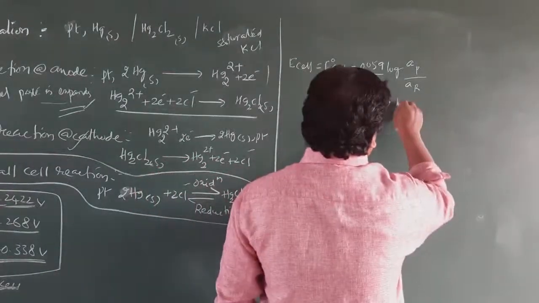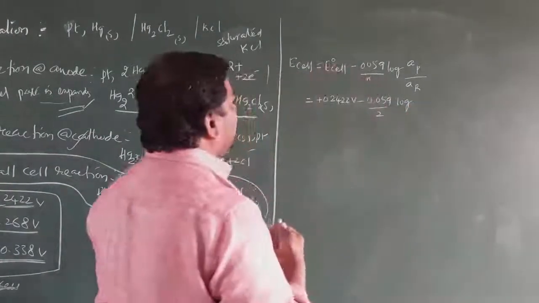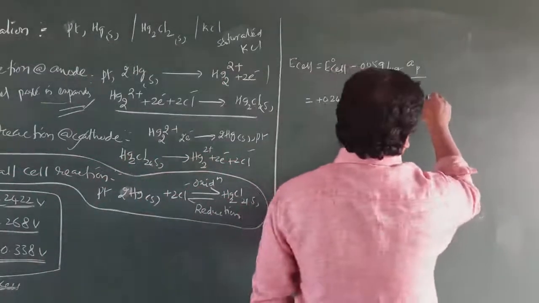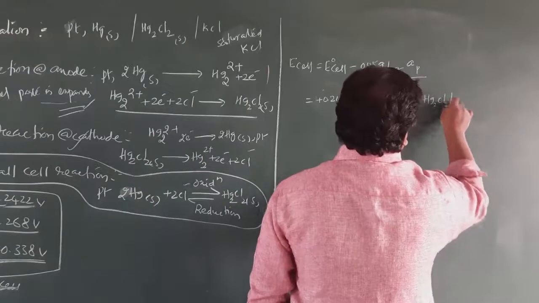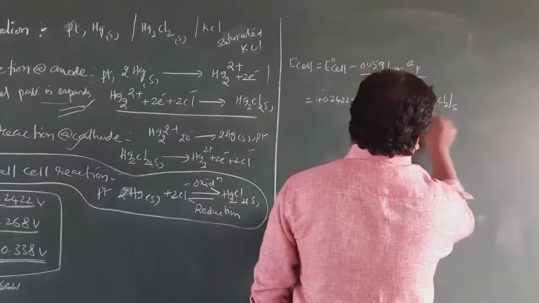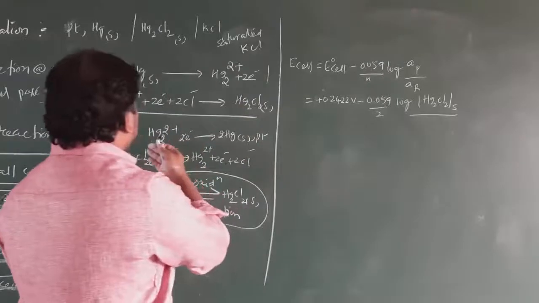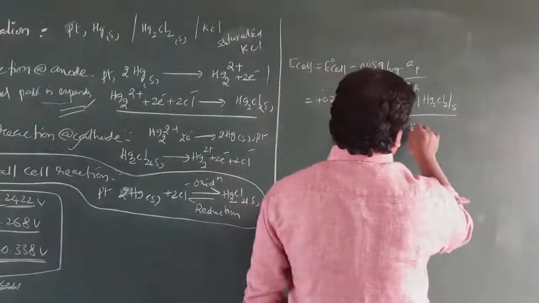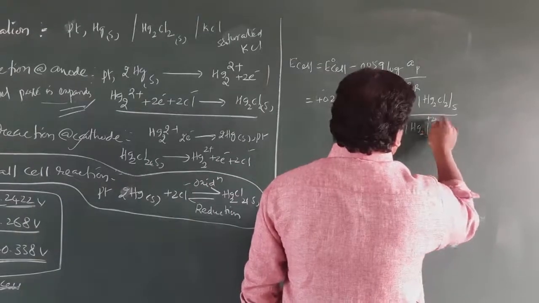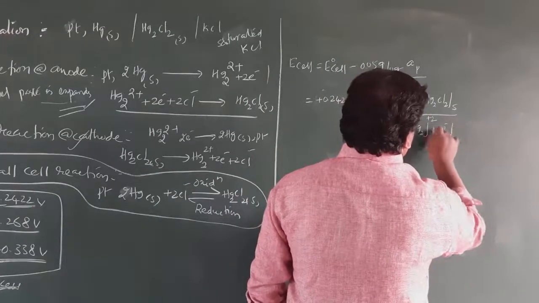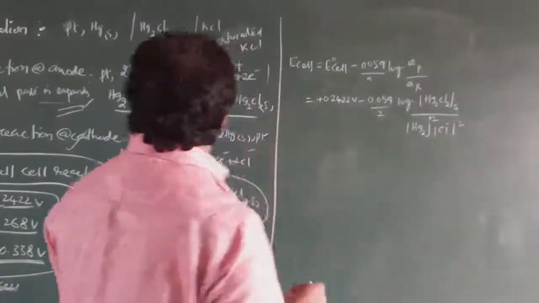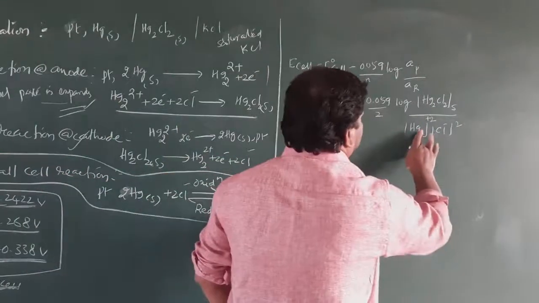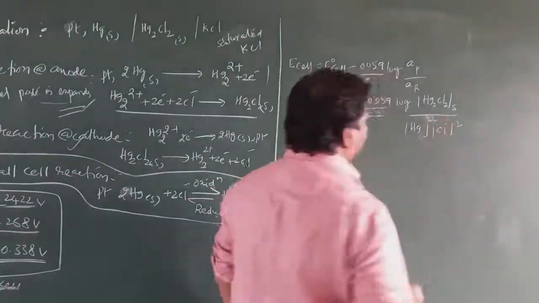So therefore into log of activity of products divided by activity of reactants. Here the activity of products is Hg2Cl2 into Hg, divided by activity of reactants, that is Cl minus whole square. Clear? Hg is in solid form.